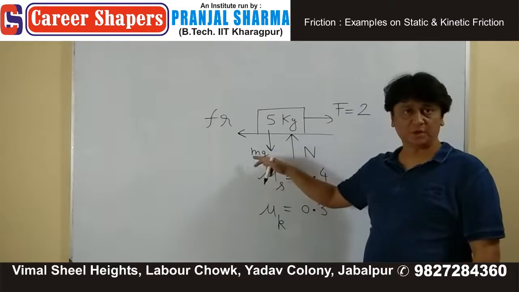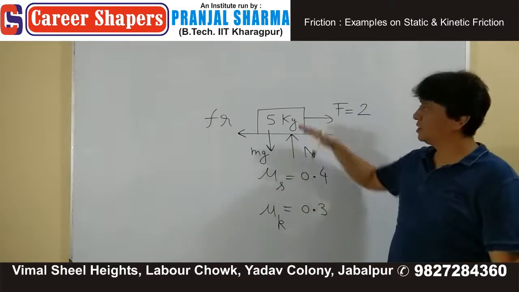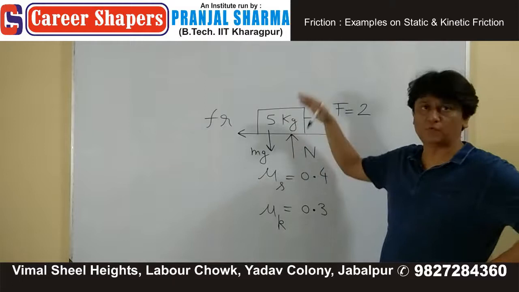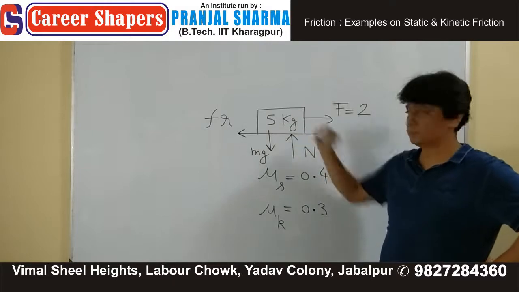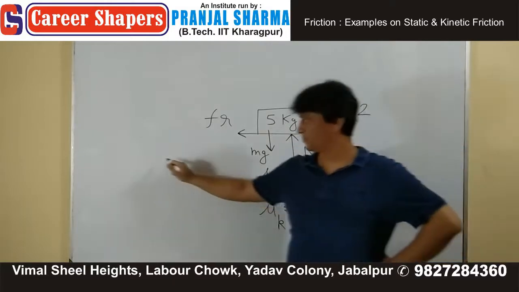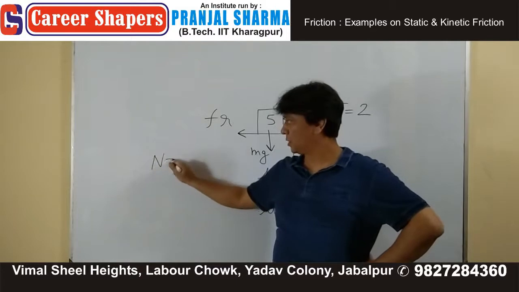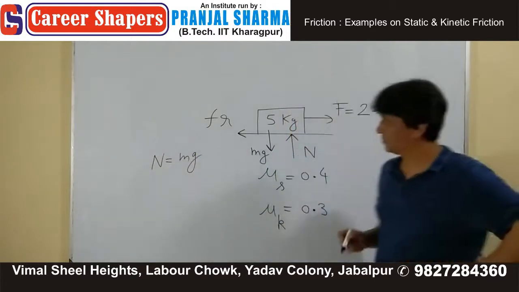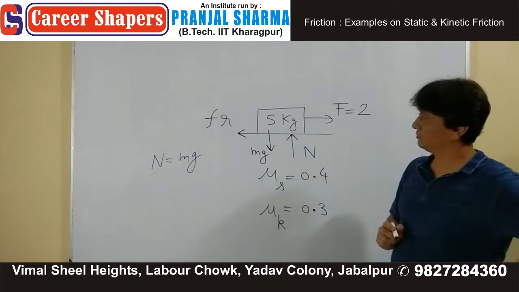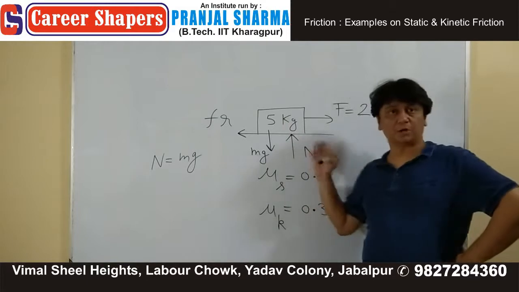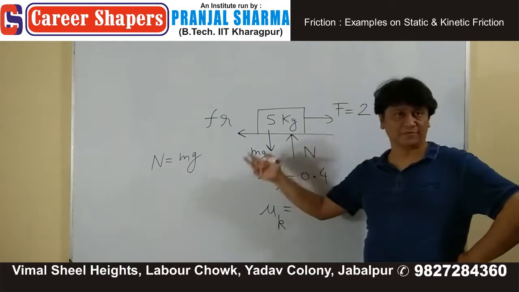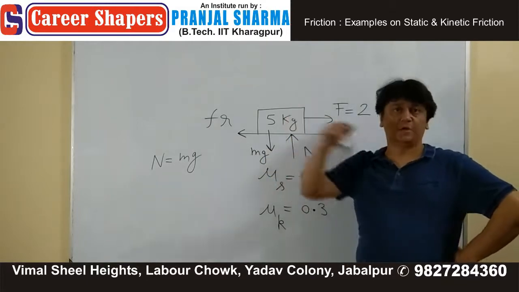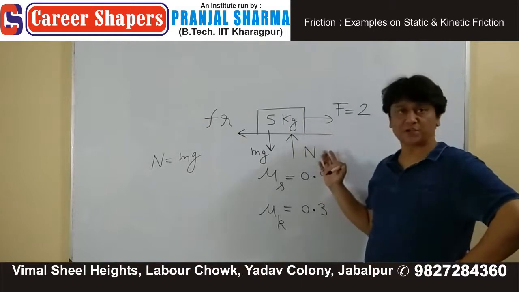This is mg, this is N. This 5 kg block cannot move vertically up or down, and therefore normal reaction is coming mg. Imagine if the block is inside a lift which is going up, then you know that normal reaction changes.